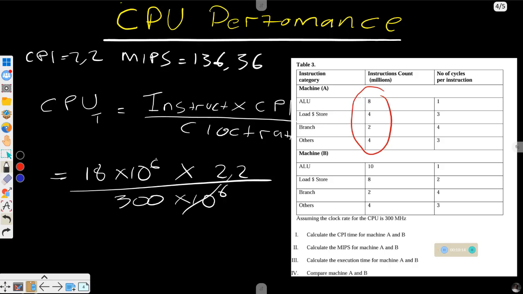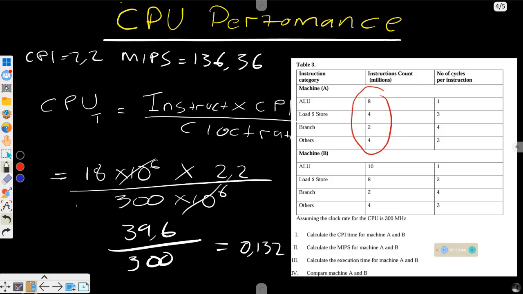This cancels this. 18 times 2.2 is 39.6. 39.6 over 300 is equal to 0.132. That's our time, 0.132.